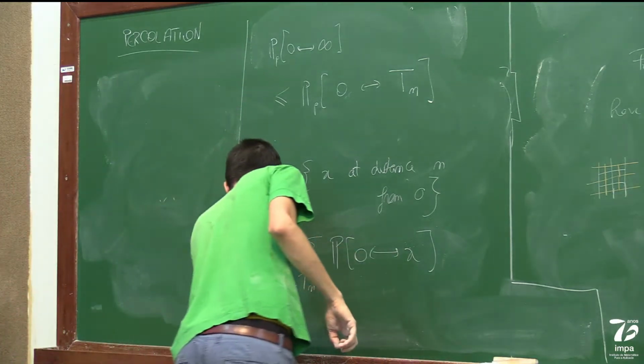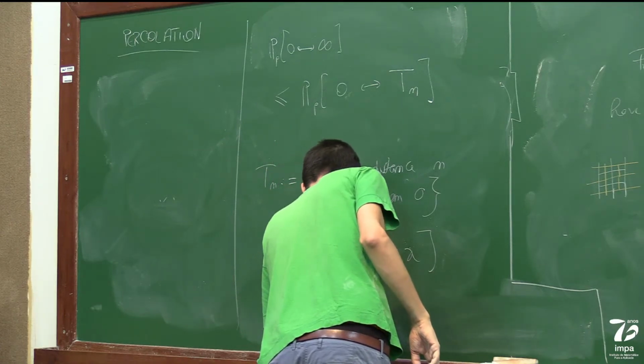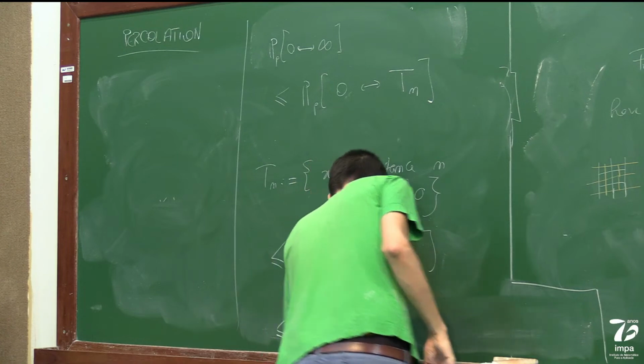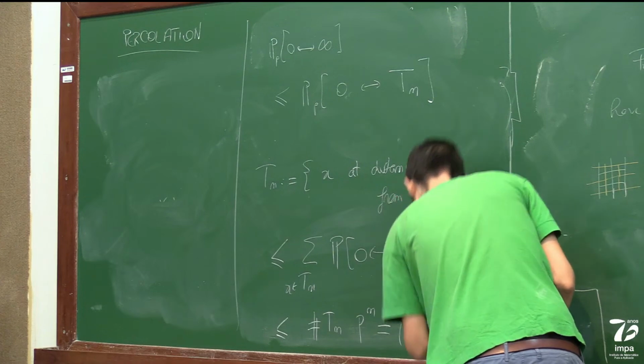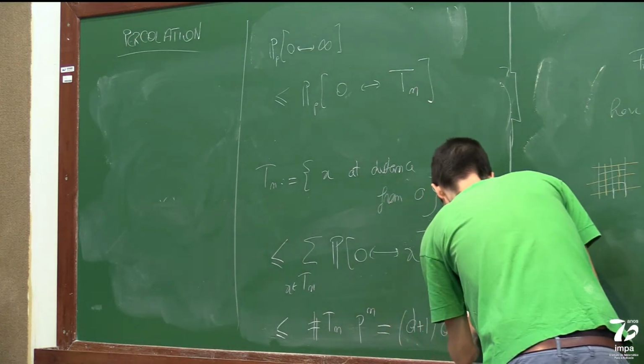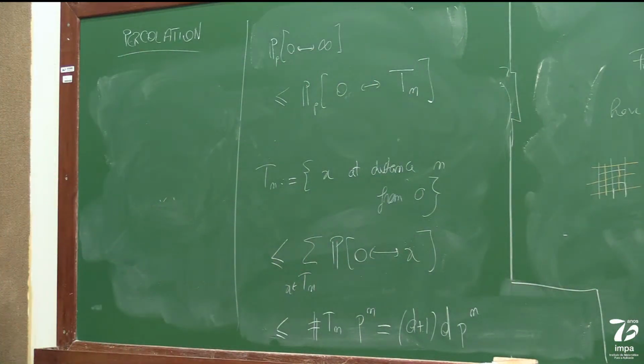So this is equal to the cardinality of T_n times p to the n. And this is just d plus 1 times d to the n minus 1, times p to the n. So if p is smaller than 1 over d, you can take n to infinity, and this will be fine.